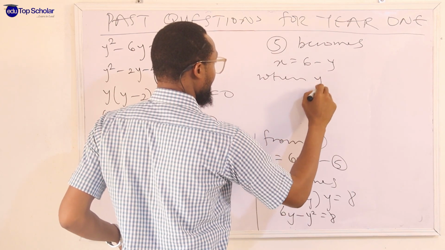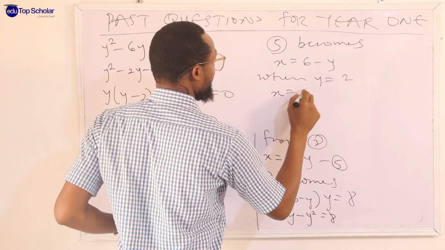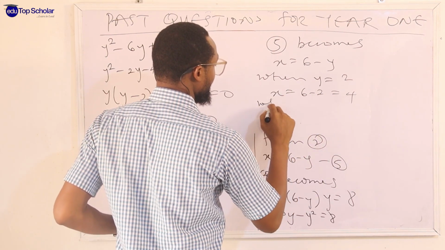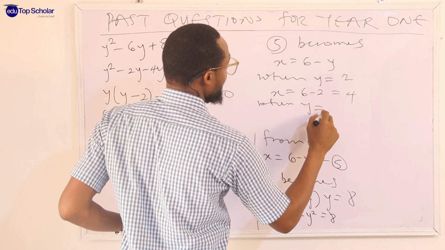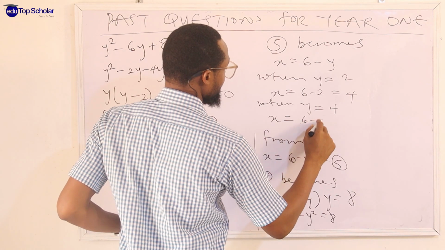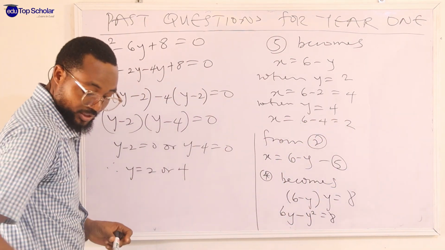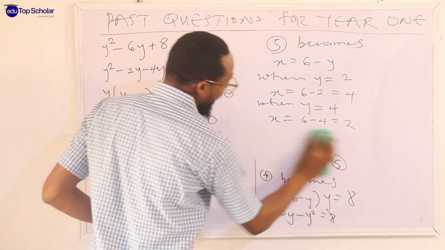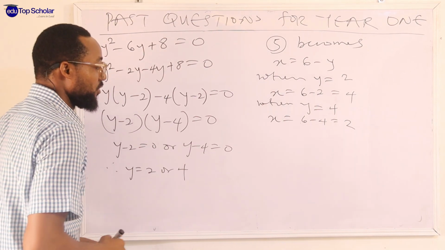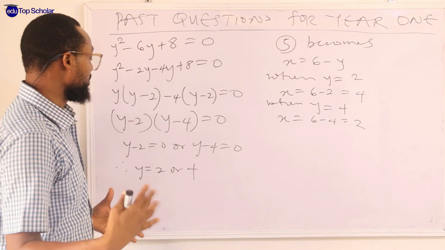When y equals 2, x equals 6 minus 2, which is 4. And when y equals 4, x equals 6 minus 4, which is 2. So therefore, if you choose x equals 2, your y is 4. If you choose x equals 4, your y is 2. Any which way, that will be our solution.